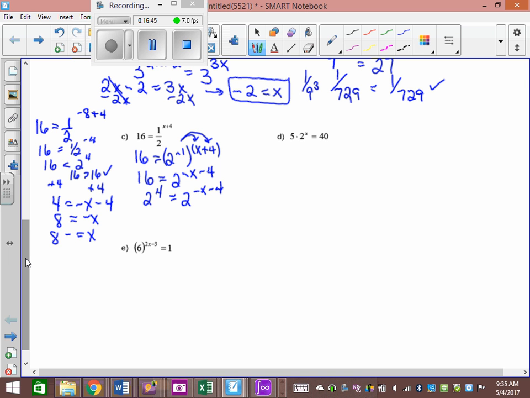Okay, so we divide the 5 over. And the reason why we have to divide the 5 over is because I can't make 5 or 40 be base 2, right? If I can't make them be common base, I can't do today's lesson. So I divide the 5 over, and I get 2x equals 8, and then I can make them both be base 2. 2x equals 2 to the 3, so x equals 3.